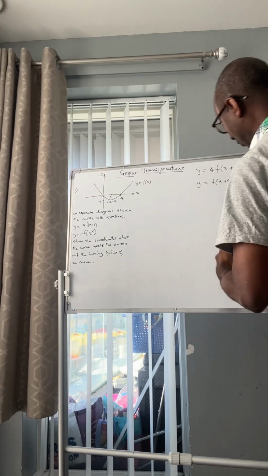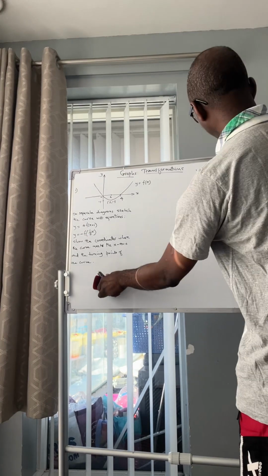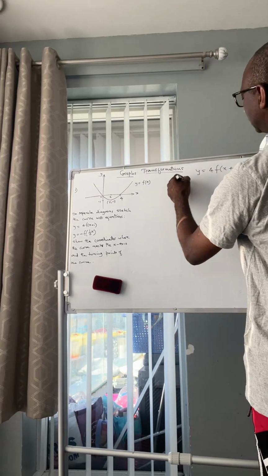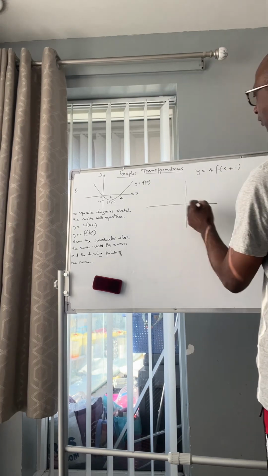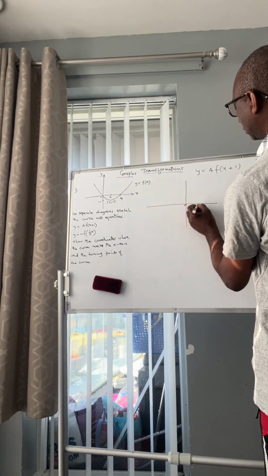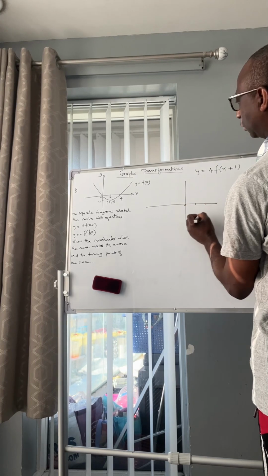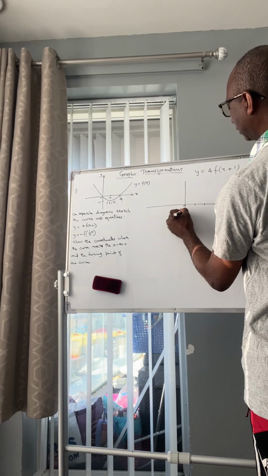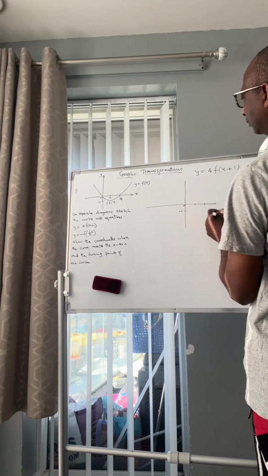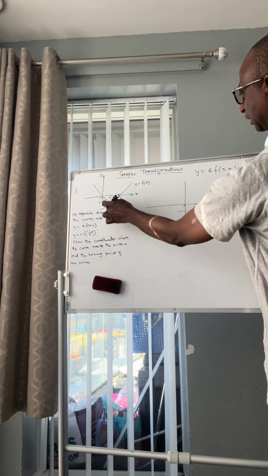So what does that mean to this graph? Let's see. Forget about this 4 first. We have 0, 2, 4. And we did have minus 1 here. So this is 2 and this is 4, this graph.